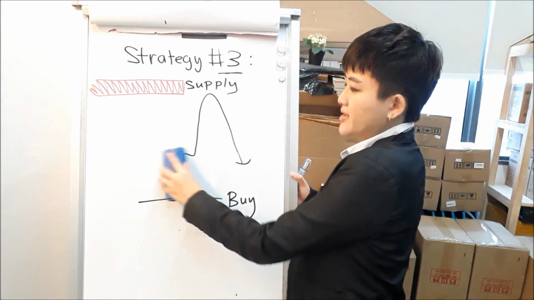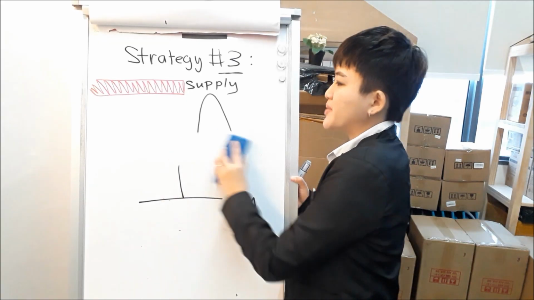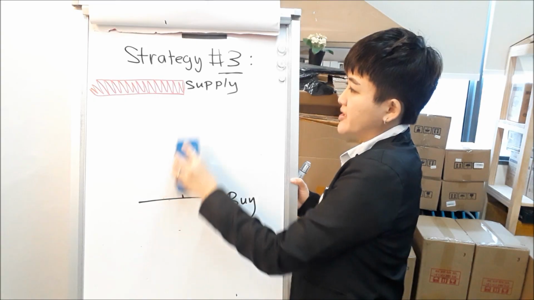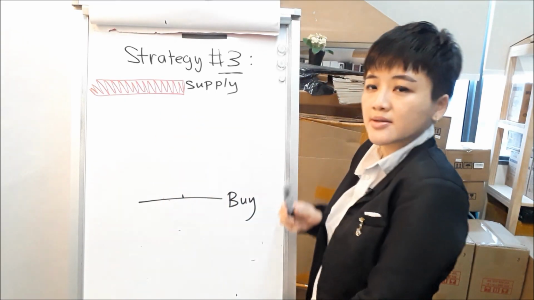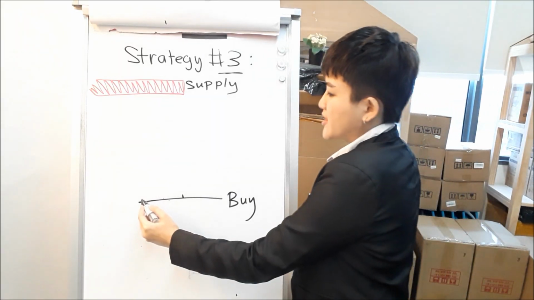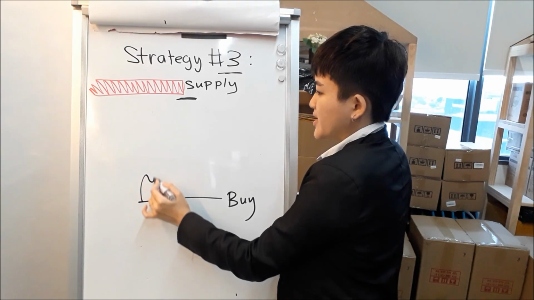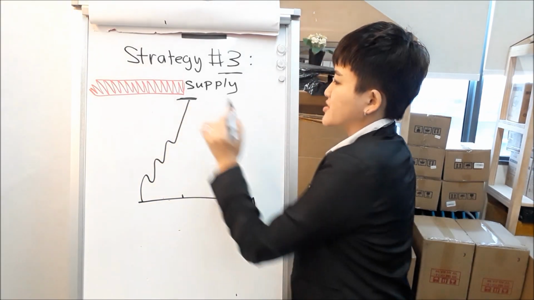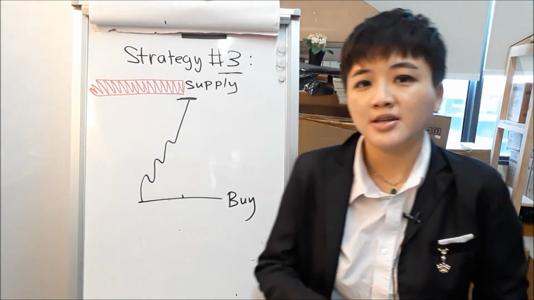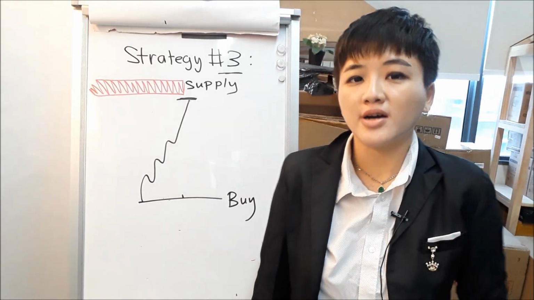Then a lot of traders ask how come there's no resistance. If you have a supply zone over here and you're buying in this trade, you've got to set it slightly below the supply zone, give it a little bit of buffer so that the price has room to go up.